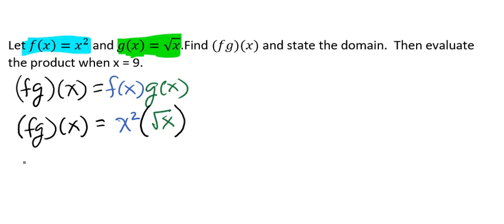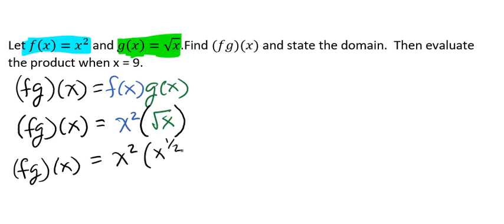So this might be easier to rewrite as x to the 1/2 power, because here we can now see that we have common bases, and that's going to allow us to add our exponents here.